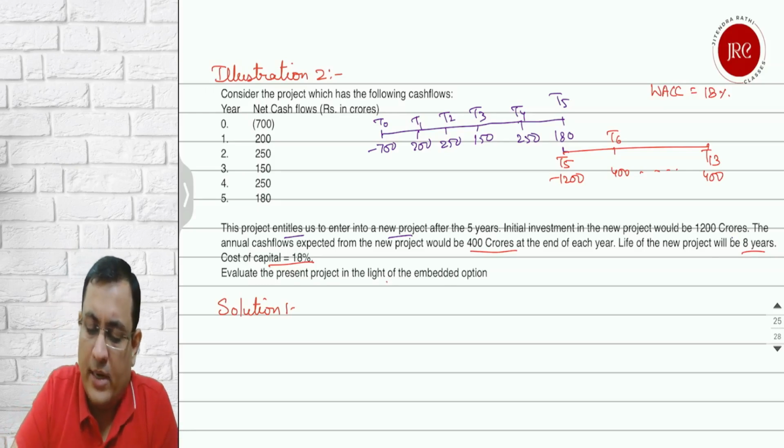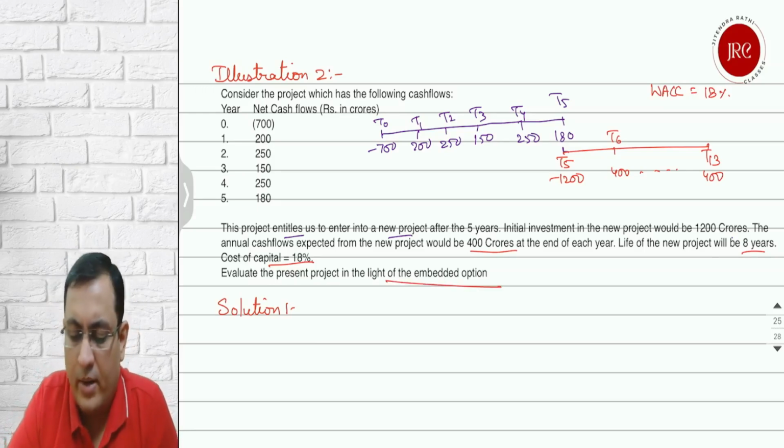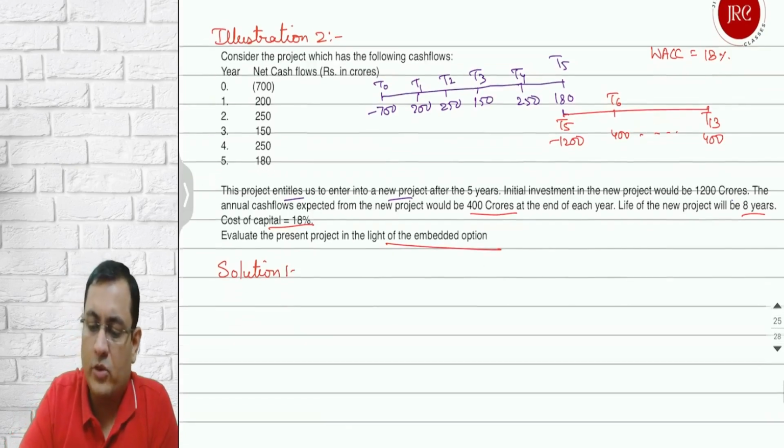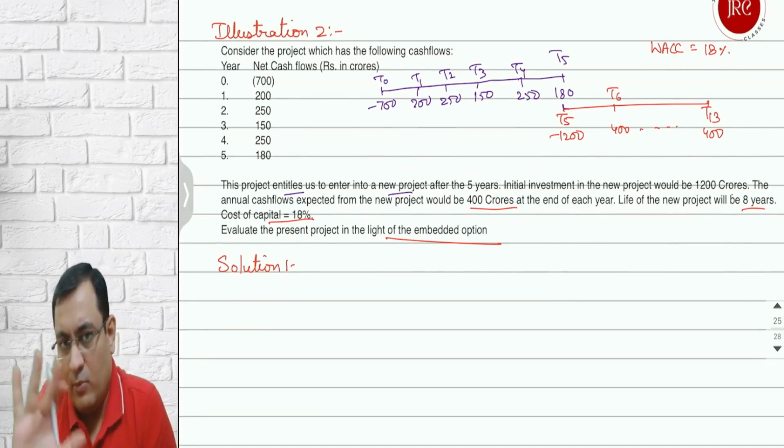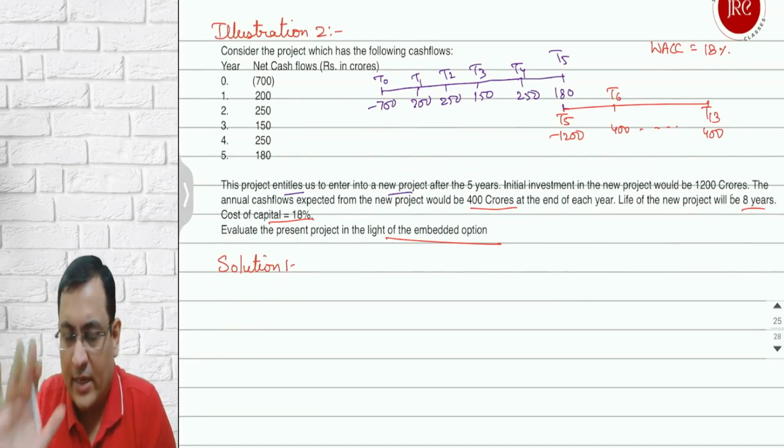Evaluate the present project in light of the embedded option, whether we should continue with the first project or not. Let's first calculate the NPV of both the projects at their starting points.